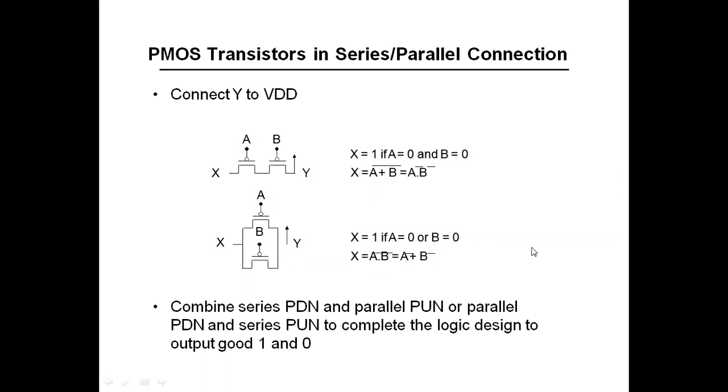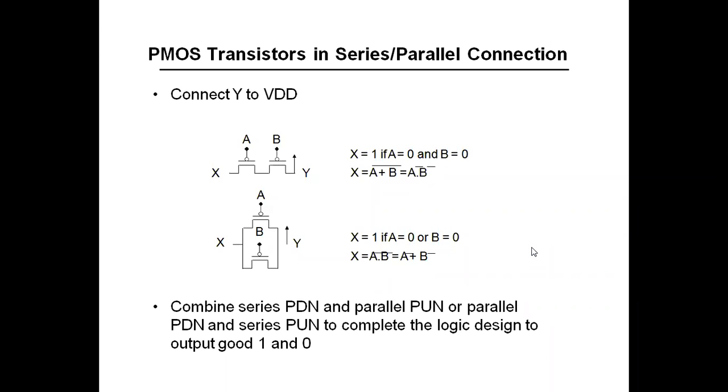Now you combine a series pull down network and parallel pull up network, or a parallel pull down network and series pull up network, to complete the logic design to output good 1 and good 0, right? That depends upon what?